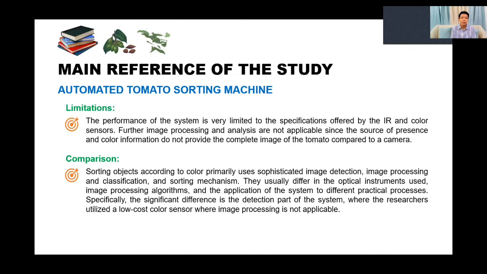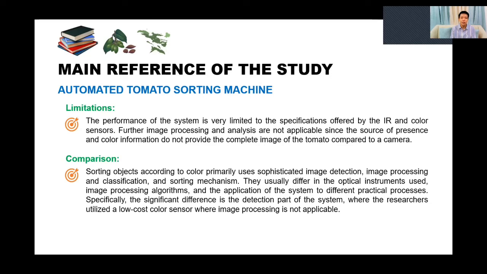For the limitations, the performance of the system is very limited to the specifications offered by the infrared and color sensors. Further image processing and analysis are not applicable since the source of presence and color information do not provide the complete image of the tomato compared to a camera. For the comparison, sorting objects according to color primarily uses sophisticated image detection, image processing and classification, and sorting mechanism.